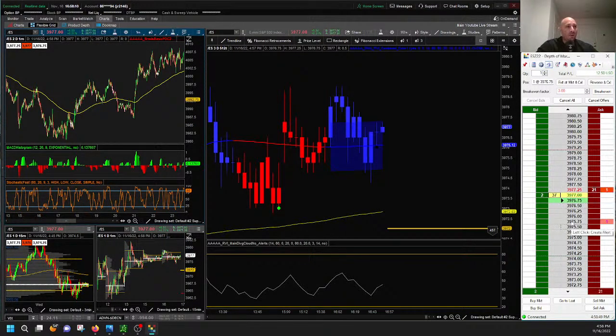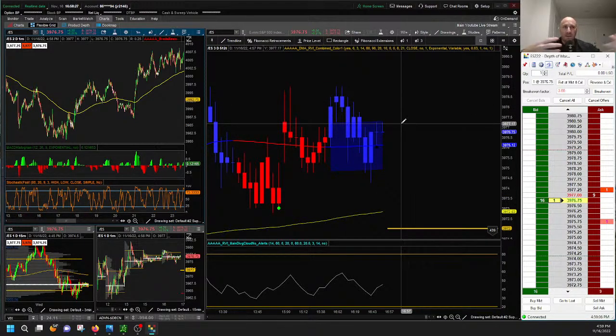So even though price doesn't actually go there on the bid side, only the ask has to, and eventually, hopefully, I'll get a fill and it'll go up. That's why it works with the futures, and one of the reasons why I love the futures.